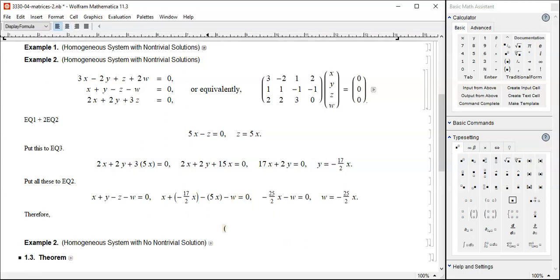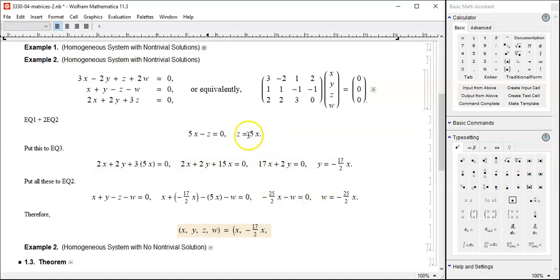Therefore, we have the solution x, y, z, and w is equal to x, and then what is y? Negative 17 over 2 x. And what's z? That's 5x. And then what is w? Negative 25 over 2 x.